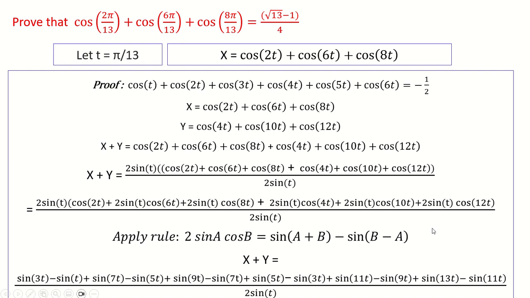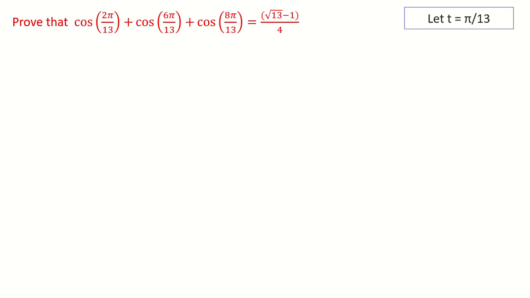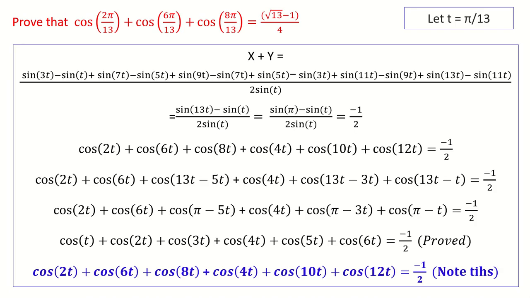Now if you see clearly, so many things get cancelled and we are left with sin 13t minus sin t divided by 2 sin t.